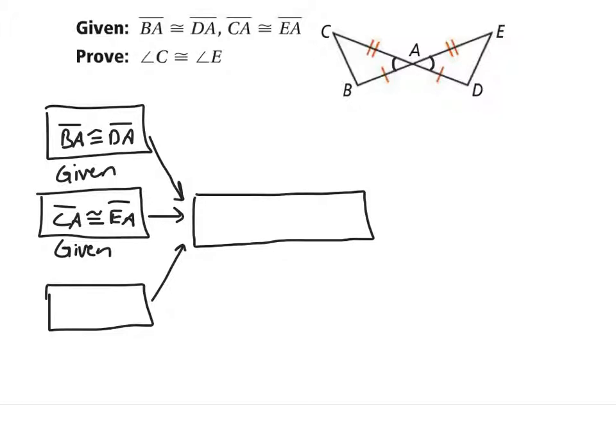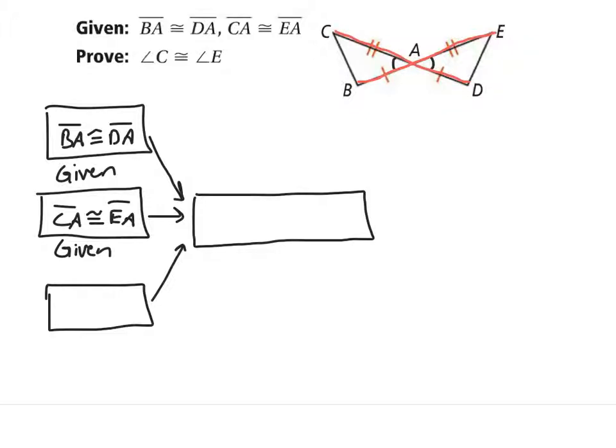Now please remember, folks, there was a problem on your homework from yesterday where you could not have said that there were vertical angles. Vertical angles only occur when you have straight lines or straight segments intersecting like this.